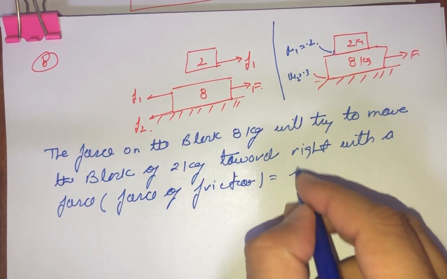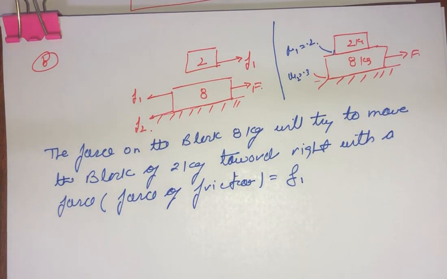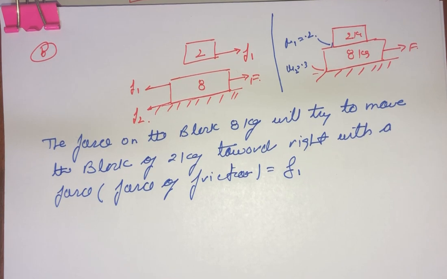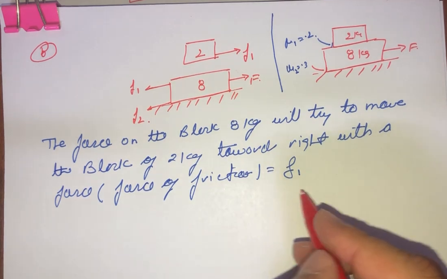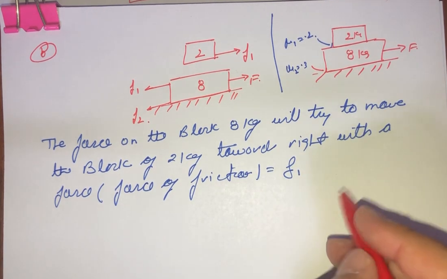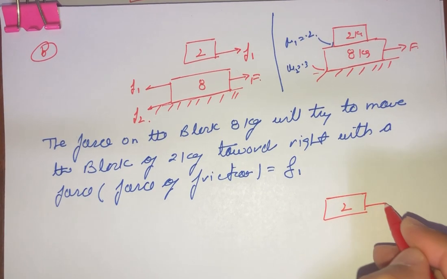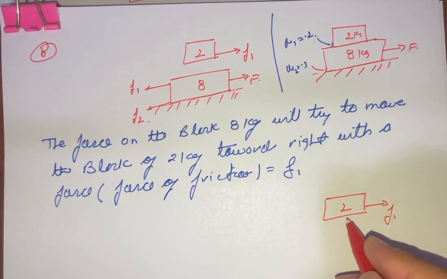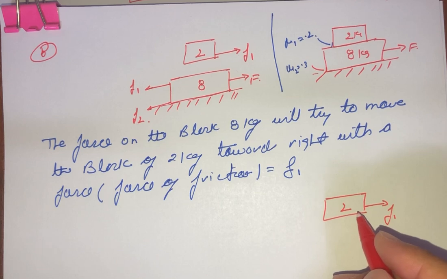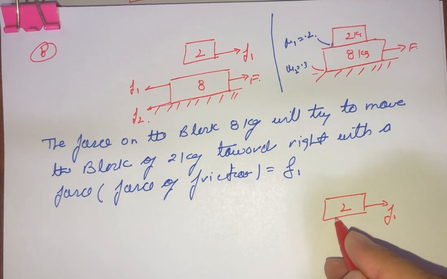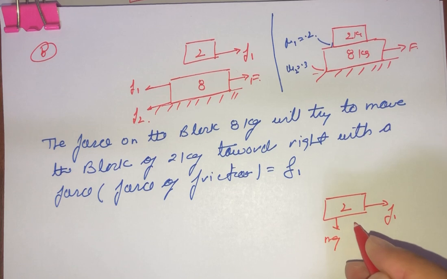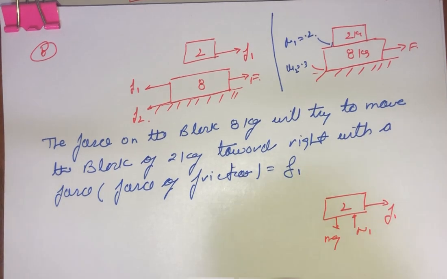Let us suppose that is F1. So we can find out the F1 max. Let us draw a free body diagram for the 2 kg block. So we have F1, there will be mg, and there will be normal N1.